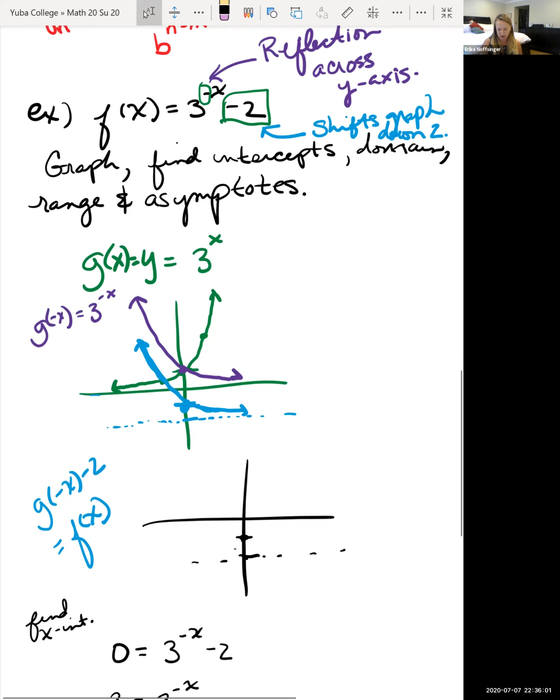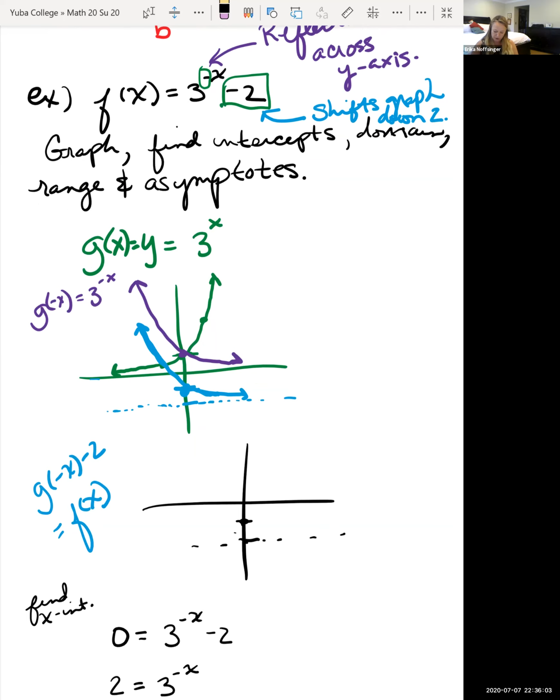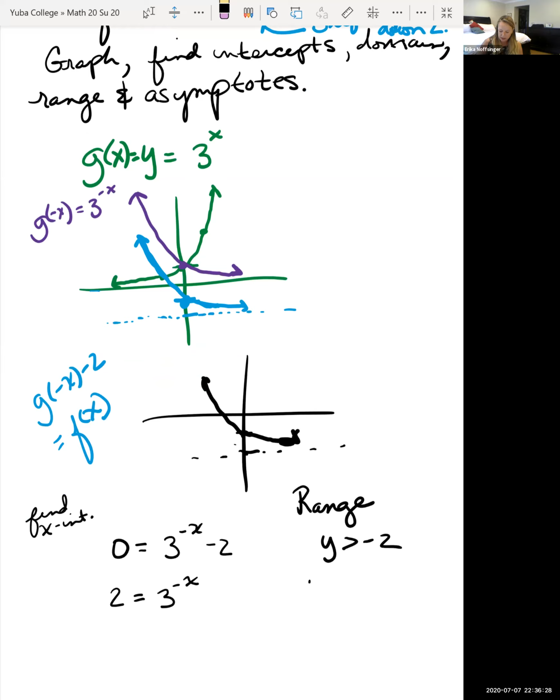Okay, so I don't know what my x-intercept is, but I do know what my general shape of my graph is. And I can answer what the range is. My range is now changed. My range is y has to be bigger than negative 2 now. We shifted our y equals 0 down 2 units. Our horizontal asymptote, which was y equals 0, is now y equals negative 2.